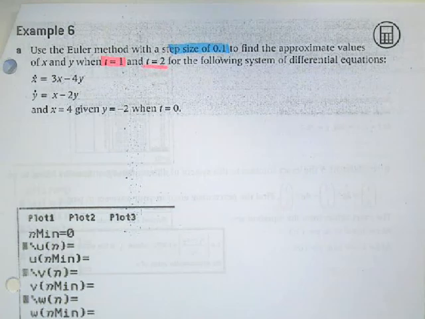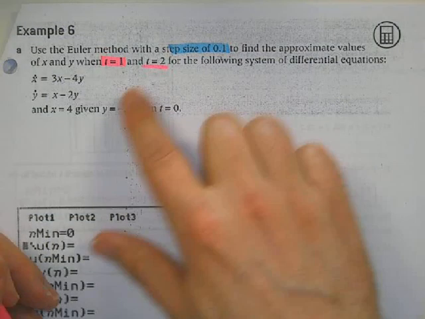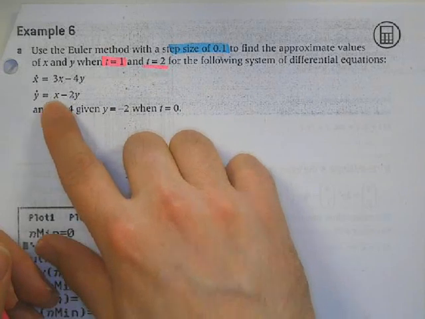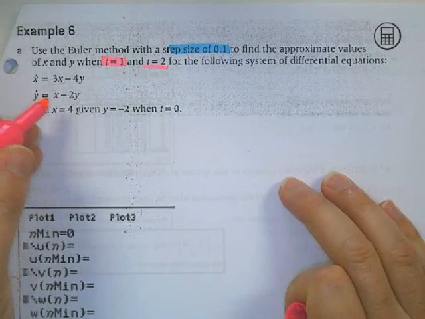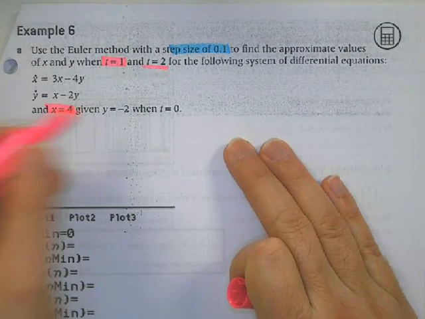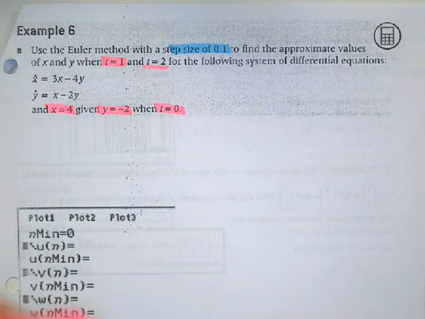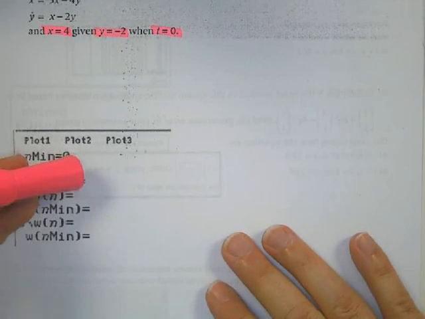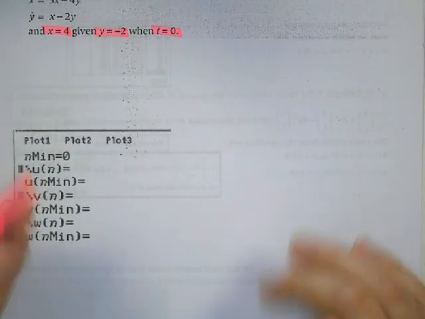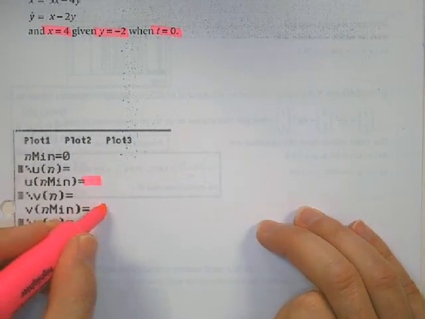Here are my differential equations, and we're going to start off when x is 4, y is -2, and that's when time is 0. So those initial values of 4, -2, and 0 are going to go in these spots on the calculator.